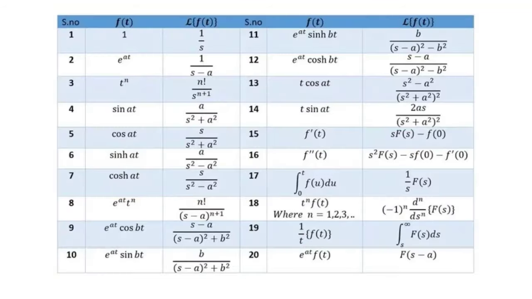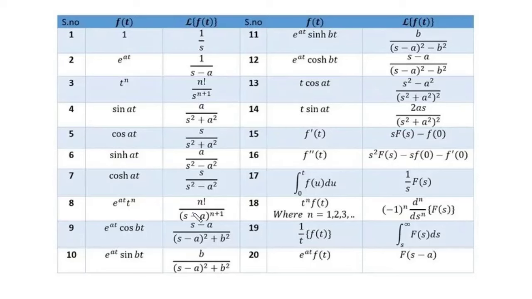So apparently we are going to focus on sin at and then cos at. It could be one of these two. Now again, for sin at, we have a on top at the numerator, and then we have a squared at the denominator. It gives an indication that the value here should be the square of this value.